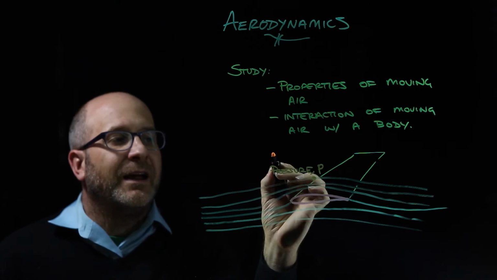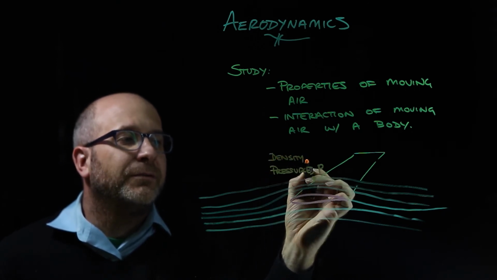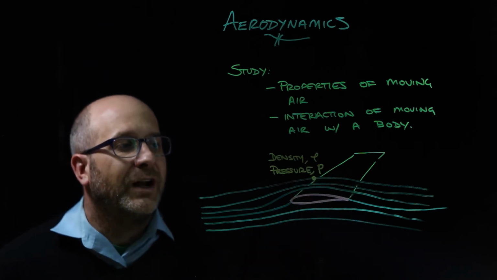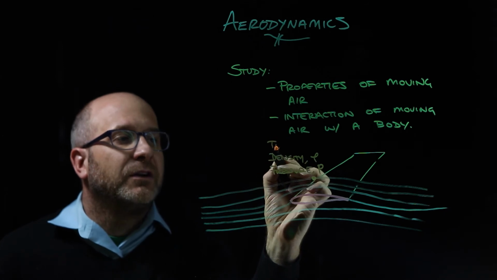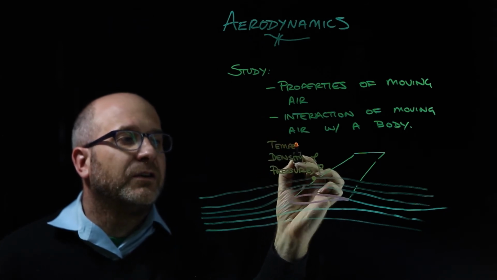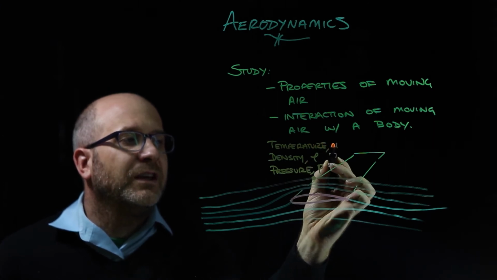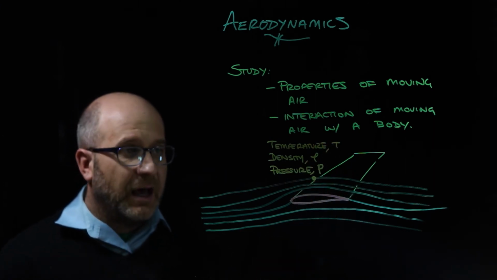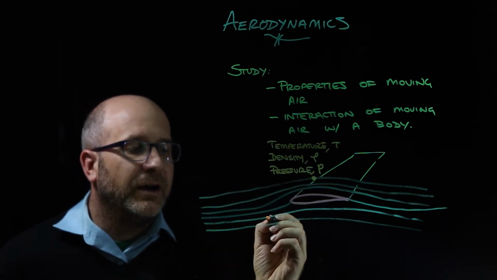We might think that the density is important, or how the density changes if this was a fast supersonic or transonic flow. And we might also be interested in the temperature changes at that location, T. Another thing we might be interested in is the velocity of the flow at different locations.